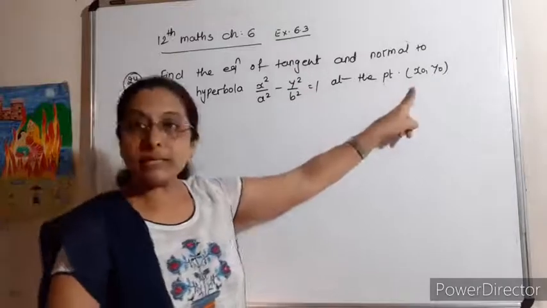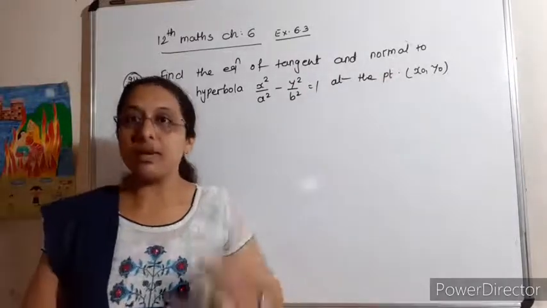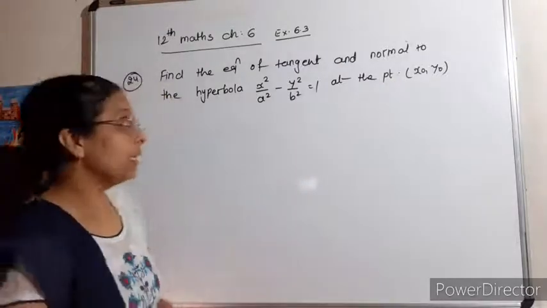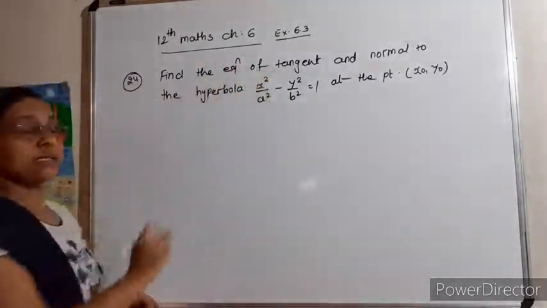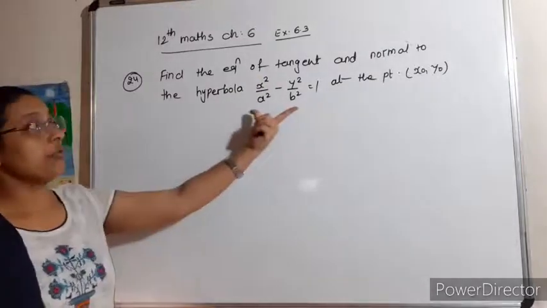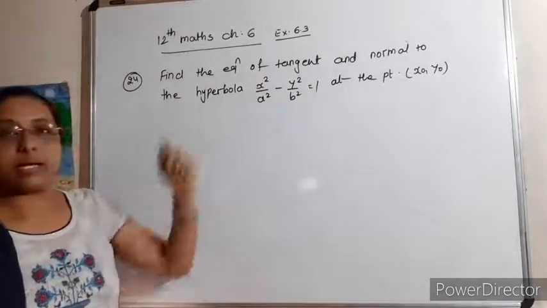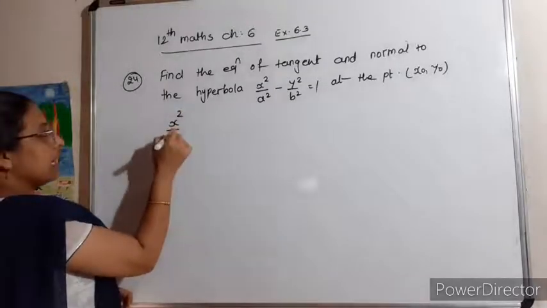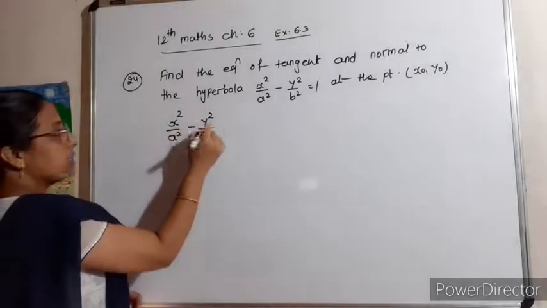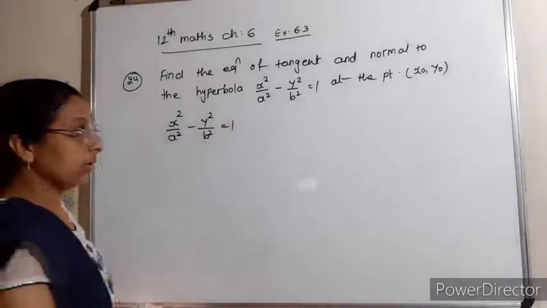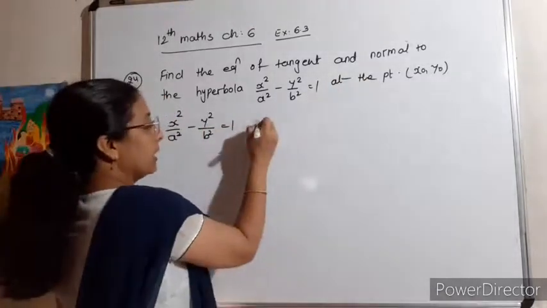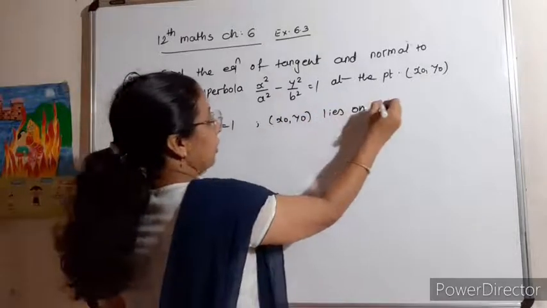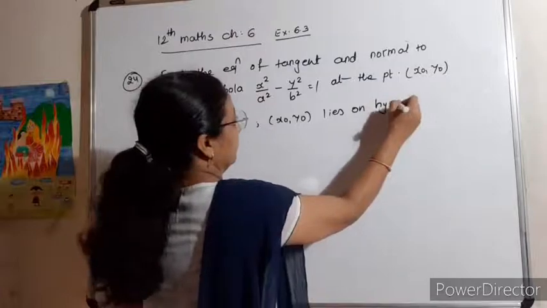Also this point is given, so you just find the slope of the tangent and normal and put it in that equation. So you want to find the slope of the tangent, so you have to find dy by dx at the point x0, y0. First of all, x square by a square minus y square by b square is 1. Now this point x0, y0 lies on the hyperbola.